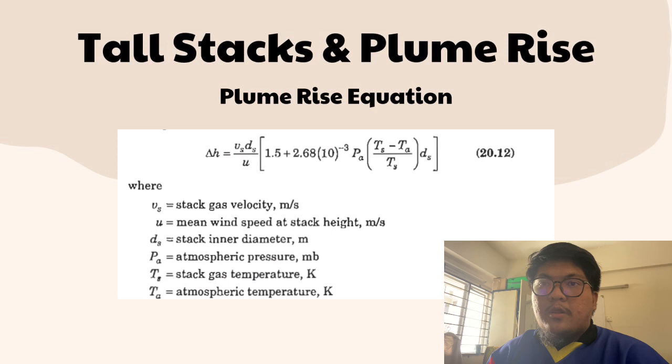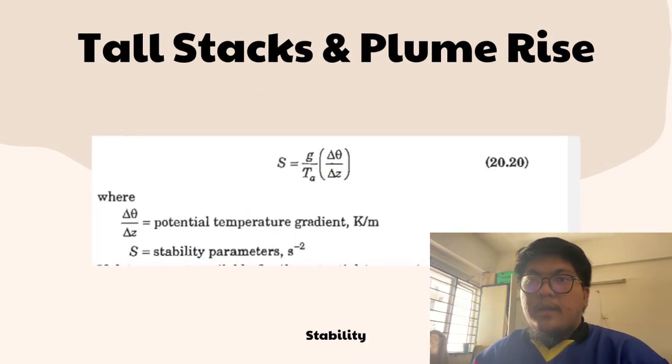Next is tall stacks and plume rise. This is the plume rise equation. This is the stability equation, where delta theta over delta z is the potential temperature gradient and S is the stability.